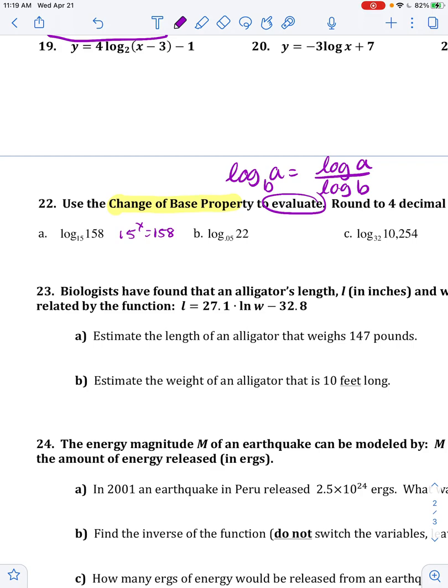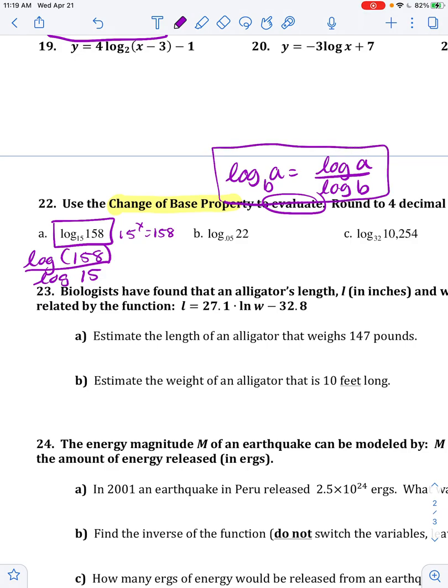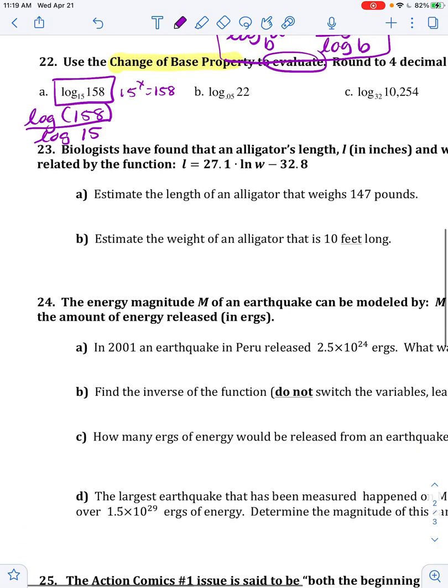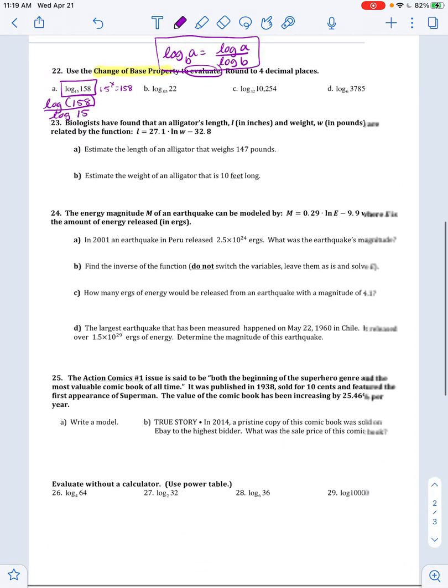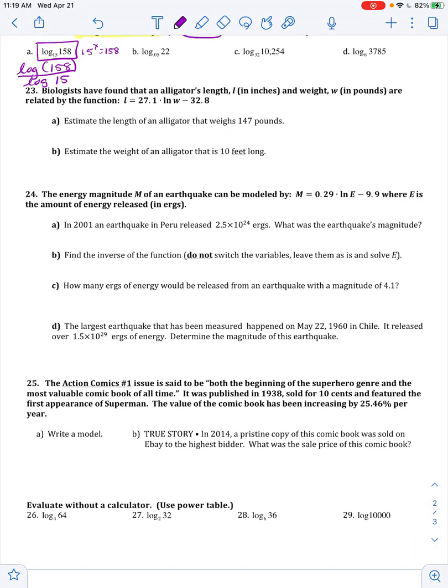It's certainly not on my power chart. So I would use my change of base to do this over this. Now again, a lot of you have the ability to type this directly into your calculator, and you're certainly welcome to do that, but still kind of know how this breaks down for that change of base formula. And then you got a couple of word problems revisiting what we did before.